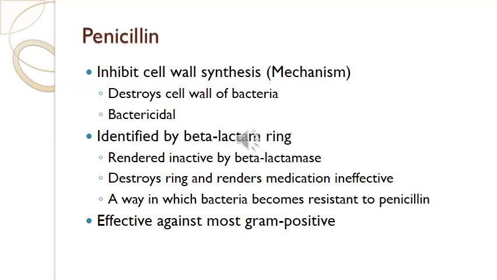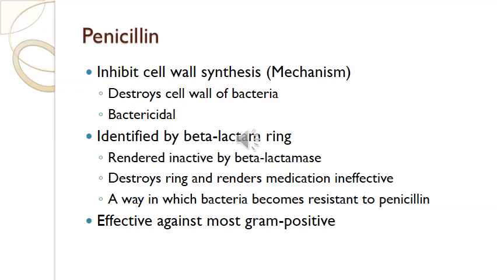The beta-lactam ring, or how penicillins get rendered inactive, is by a substance called beta-lactamase, and what this does is it destroys the actual chemical makeup of the penicillin and renders it ineffective. And this is the way in which, when you look at bacteria that are resistant to penicillin, and we have a lot of bacteria right now, and part of this is due to the overprescribing of antibiotics.